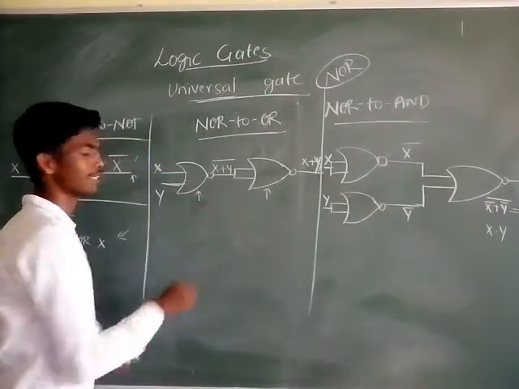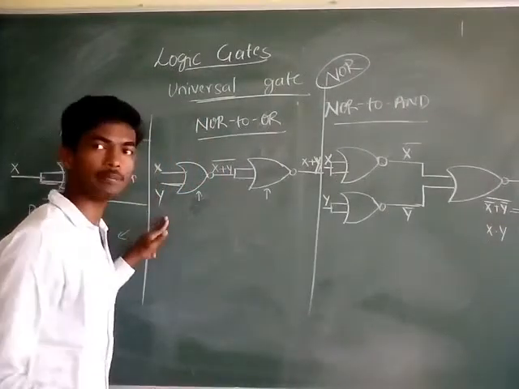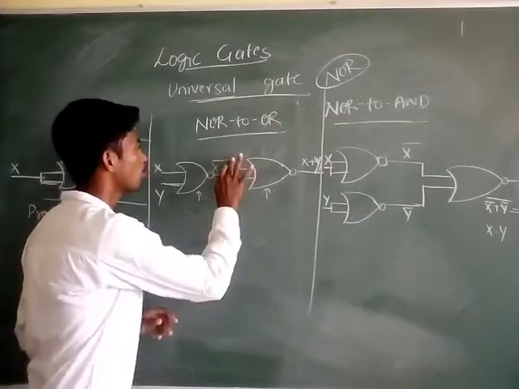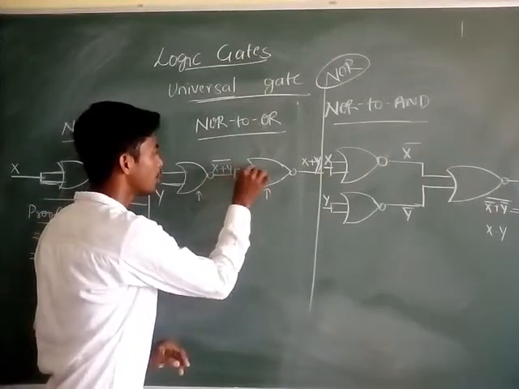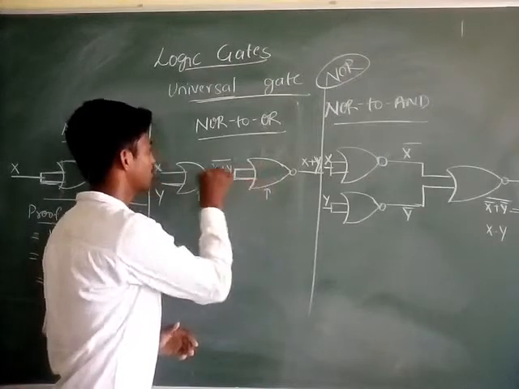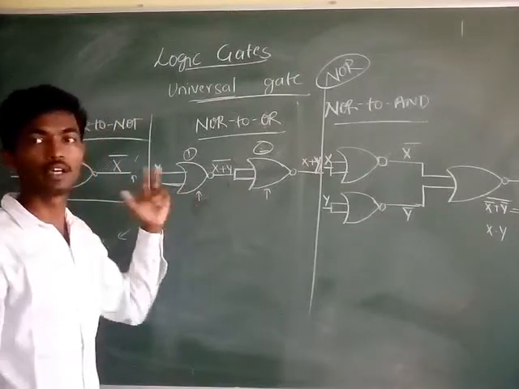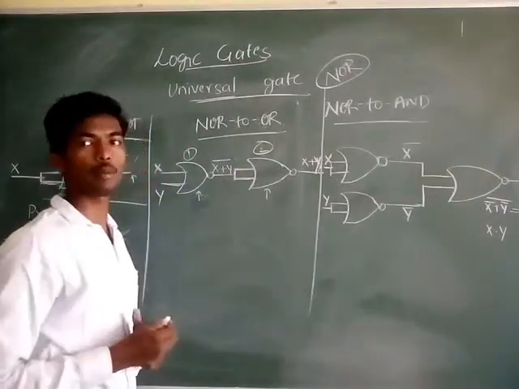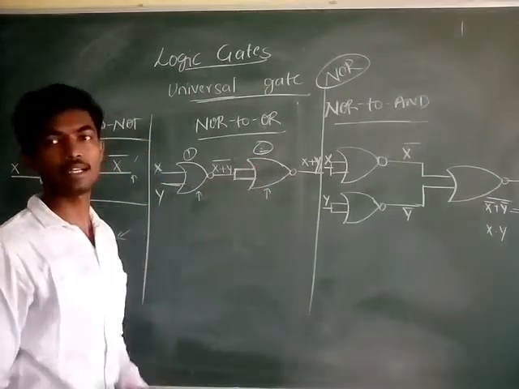The first NOR gate will have the two inputs x and y, and that will give you x plus y whole complement, and that output will be split and provided two times to the second NOR gate.